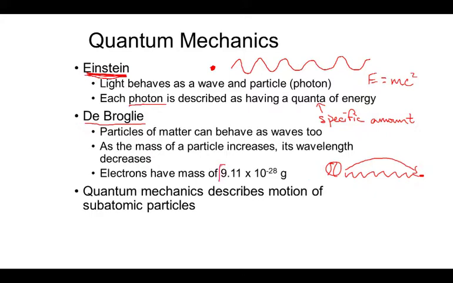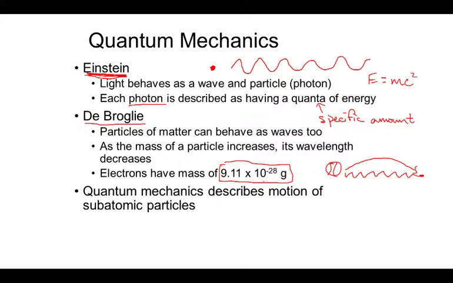Especially with electrons, the mass of an electron is 9.11 times 10 to the minus 28th grams. That's ridiculously small. So its wave properties become much more important. You don't have to have this mass memorized, but you should know that electrons are stupid small. They're so much smaller than a proton and a neutron that we essentially say they have zero mass.